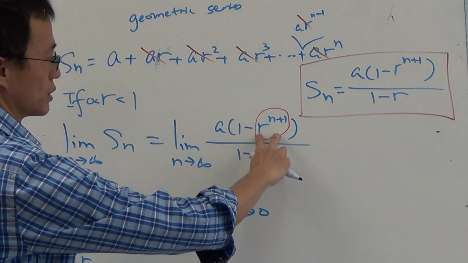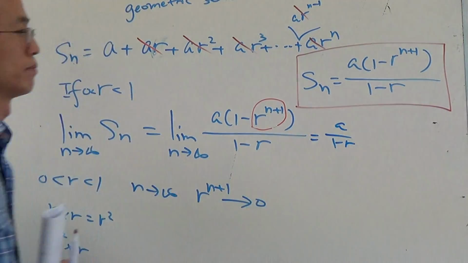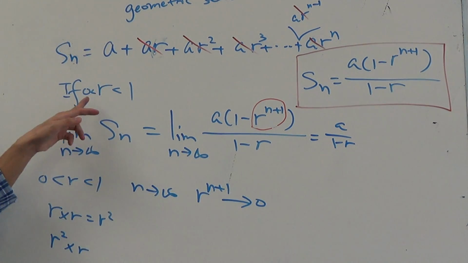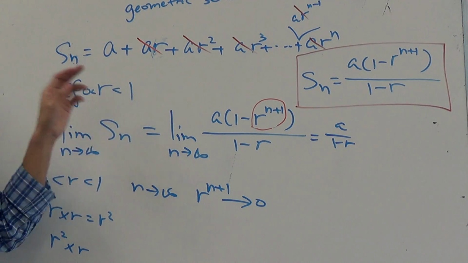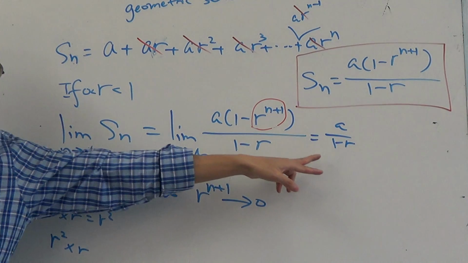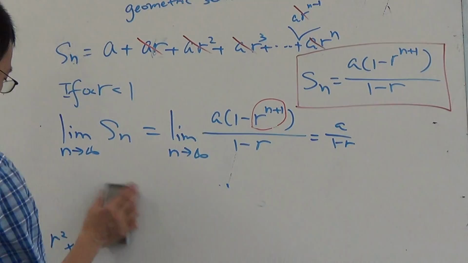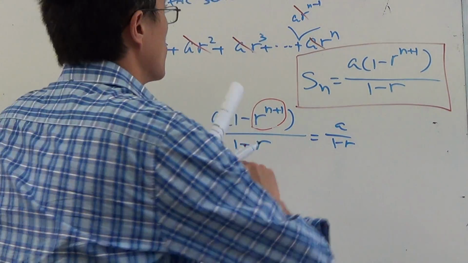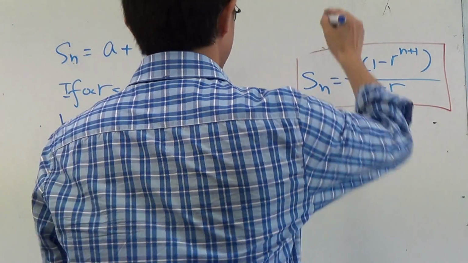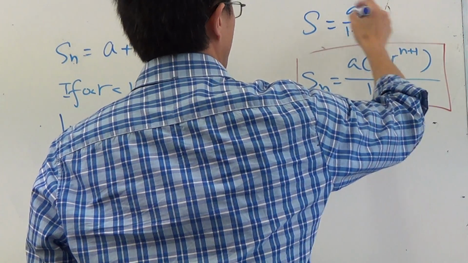So this term disappears, and it's equal to A divided by 1 minus R. Given that R is between 0 and 1, and we sum over infinitely many terms, we end up with a finite number. Let me write it here: S to infinity is A divided by 1 minus R.